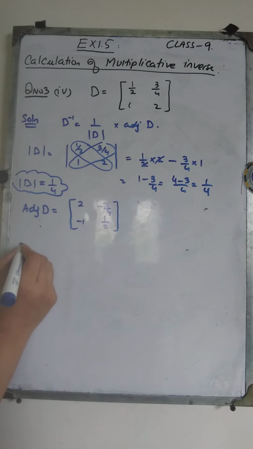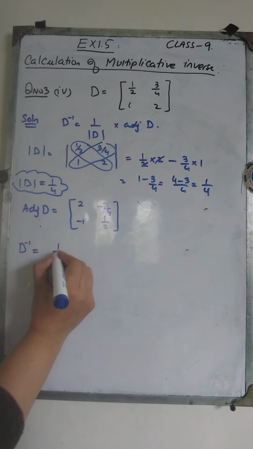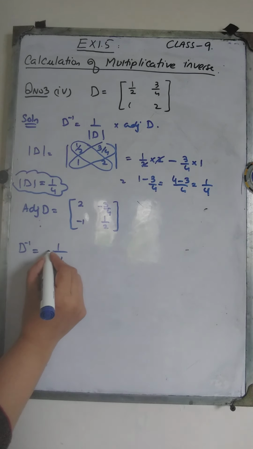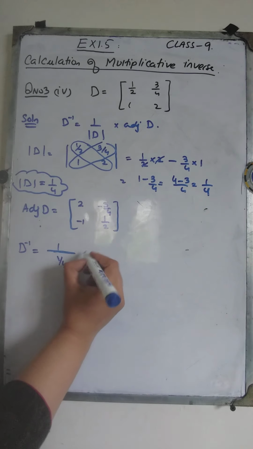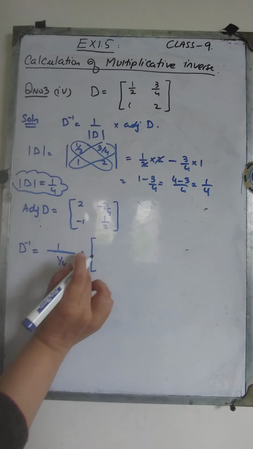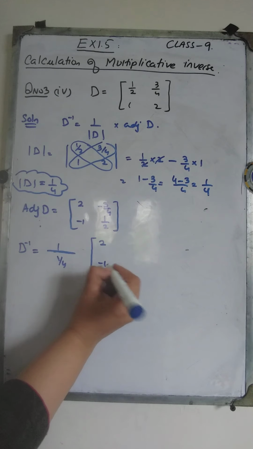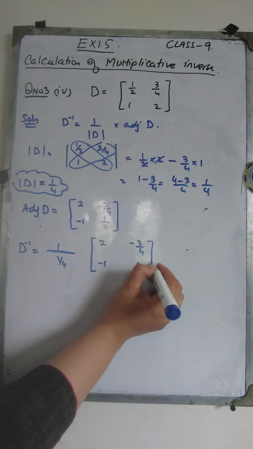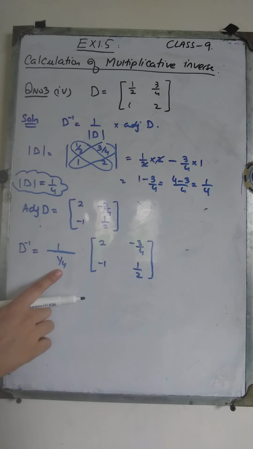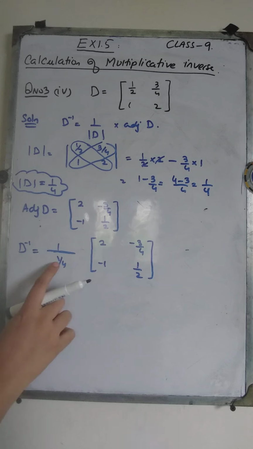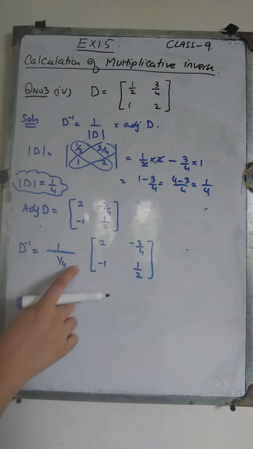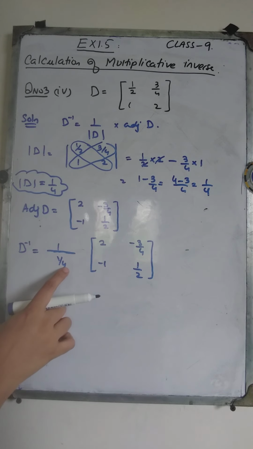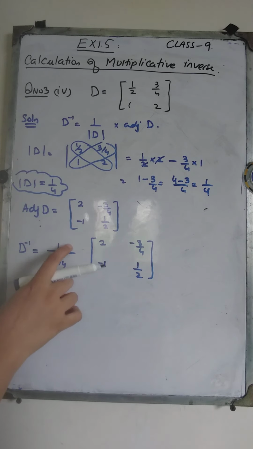Now to find D inverse, we take 1 over determinant of D. What was determinant of D? 1 by 4, into adjoint of D, which is 2, negative 1, negative 3 by 4 and 1 by 2. If you have a fraction in the denominator and it has a denominator, this denominator can be shifted to the numerator of the main fraction.